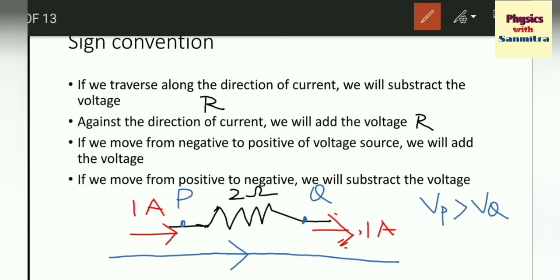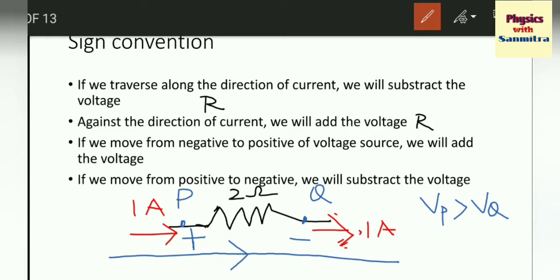So see, current is entering at P and leaving at Q. We will put this as plus and this as minus. Why so? Because Vp is at a higher potential than Vq, so we will write plus and minus like this. Now what we wrote, if we traverse along the direction of current, we will subtract the voltage.